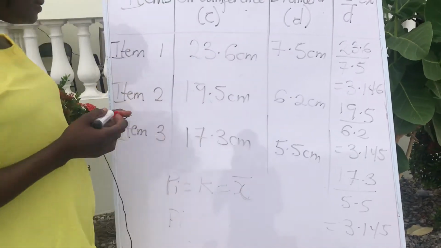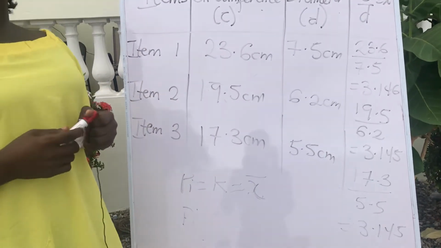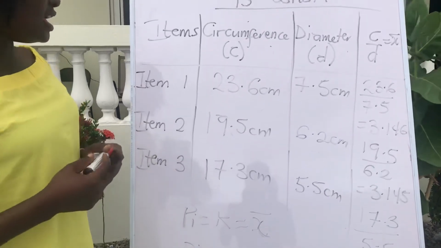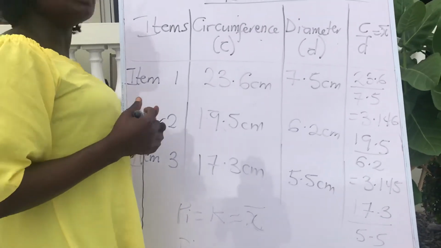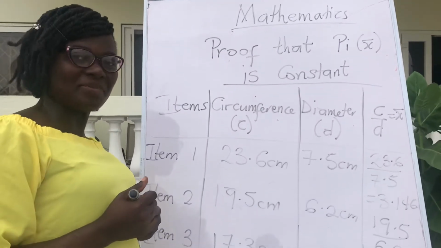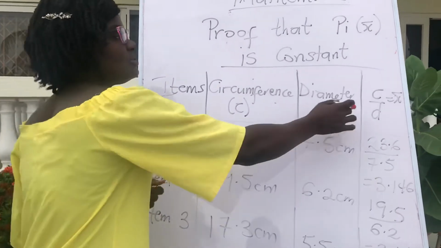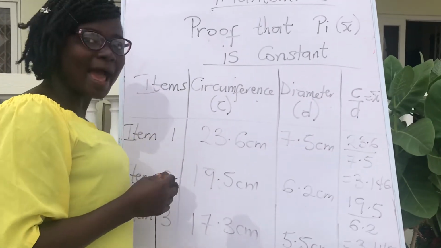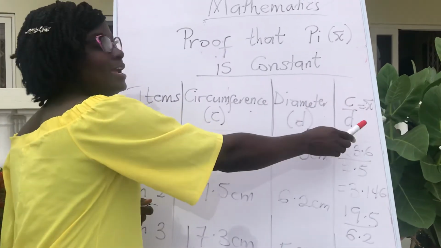So when you see the symbol, it's the same as what? Pi. Good.